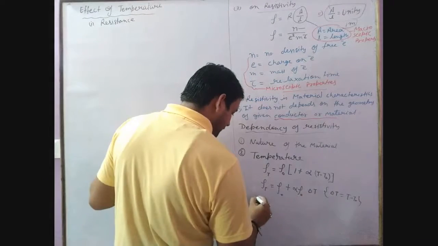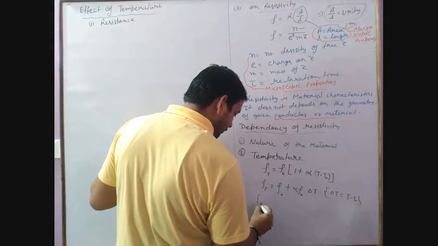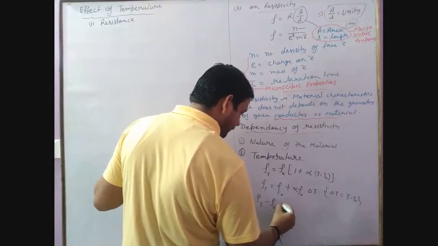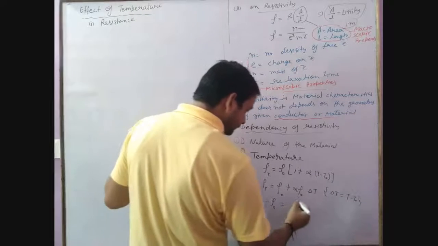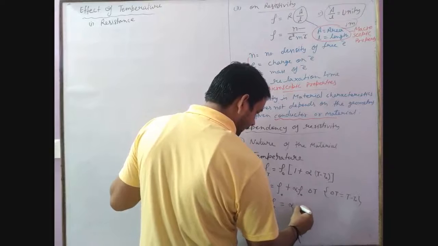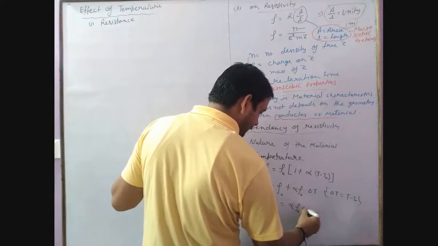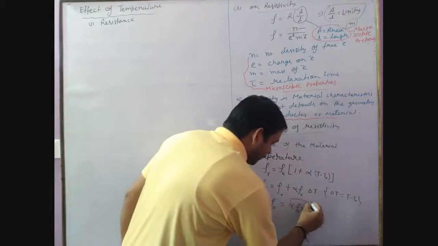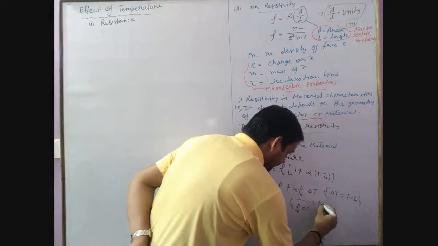When you solve this, you will get rho T minus rho naught equals alpha rho naught del T. Here this alpha is called the temperature coefficient.